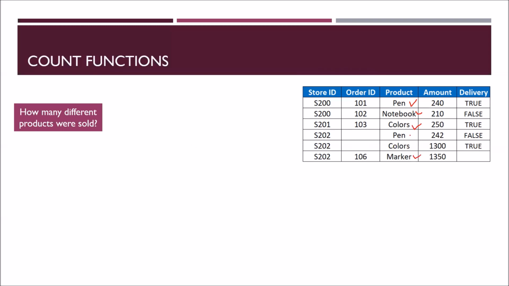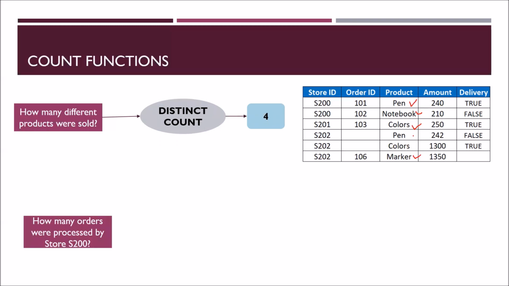For row number 4 and 5 in the product column, the value is repeated. Hence, my different or unique products which are sold is 4. And to get this count, I use a distinct count function, right?